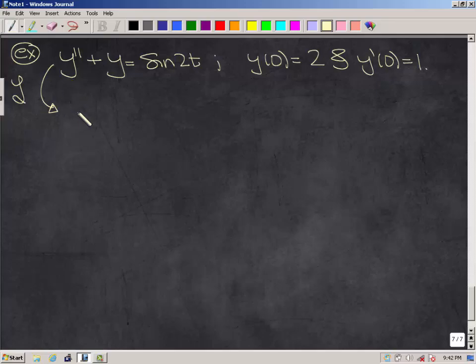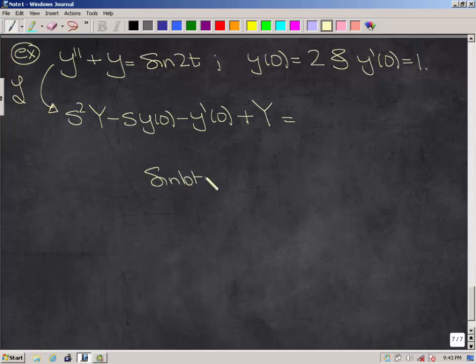Laplace of y double prime is s squared times big Y minus s times y of 0 minus y prime of 0, plus Laplace of y, which is just big Y, is equal to Laplace of sine of 2t. Remember, Laplace of sine of bt is b over s squared plus b squared. Out here b is 2. So we get 2 over s squared plus 4.